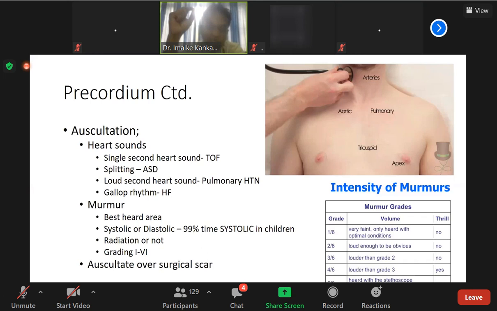Usually we will not give cases without a murmur, right? Usually we will not give cases without heart murmurs, right? Keep that in your mind before telling us you did not hear a murmur. Think twice.